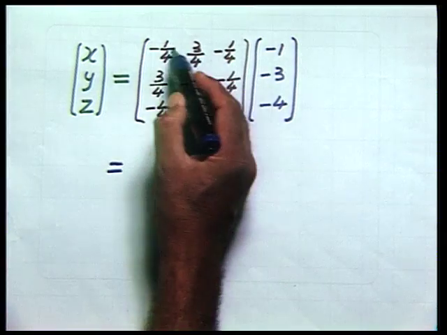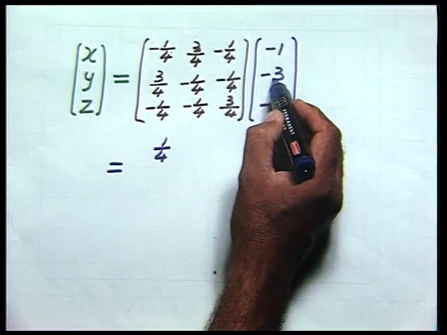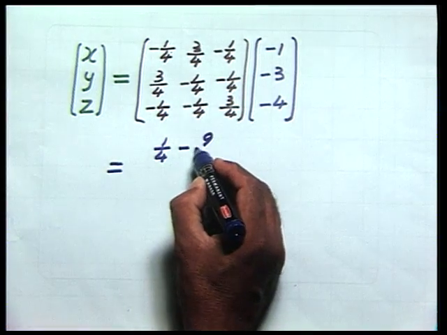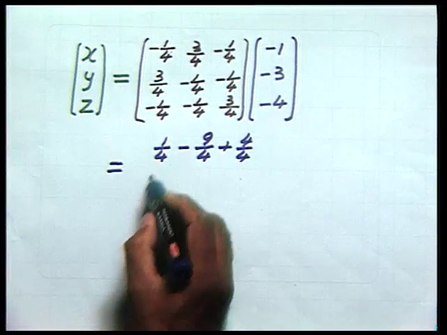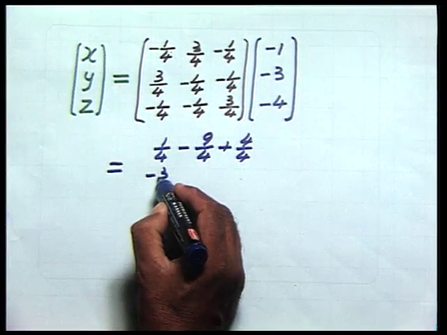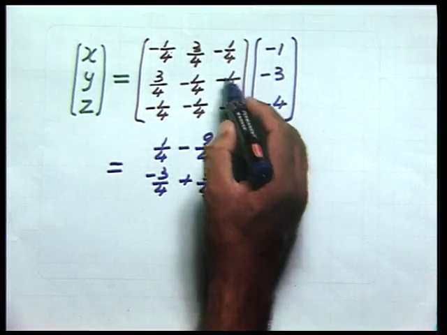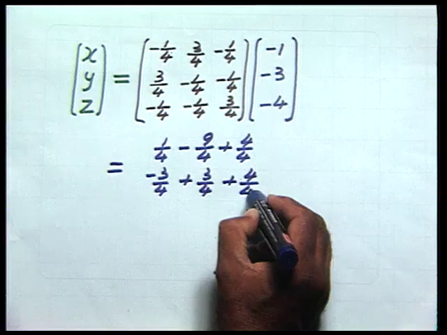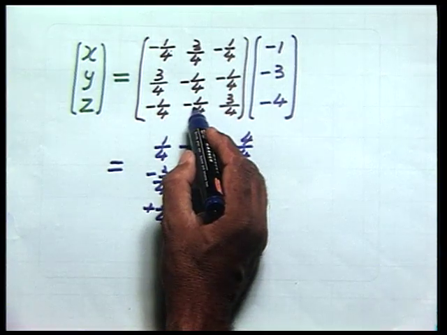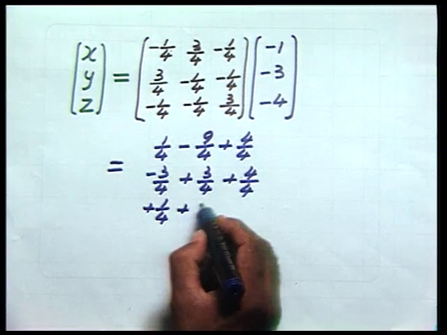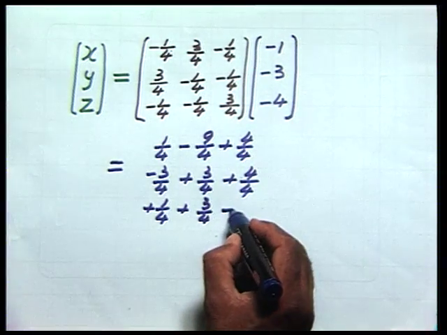So, when we multiply minus 1 by 4 with minus 1, we get 1 by 4, 3 with minus 3, this is minus 9 by 4, minus 1 by 4 with this, it is plus 4 by 4, 3 by 4 with minus 1, minus 3 by 4, minus 1 by 4 with this is plus 3 by 4 and this is plus 4 by 4, minus 1 with this plus 1 by 4 and then 3 by 4, so it is plus 3 by 4, 3 by 4 minus 4. So, it is minus 12 by 4.